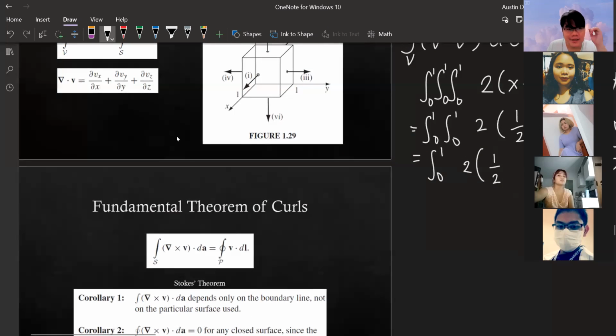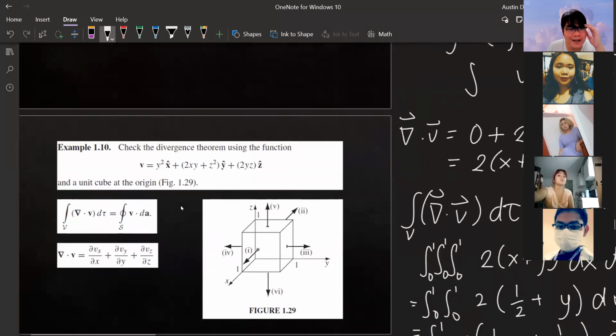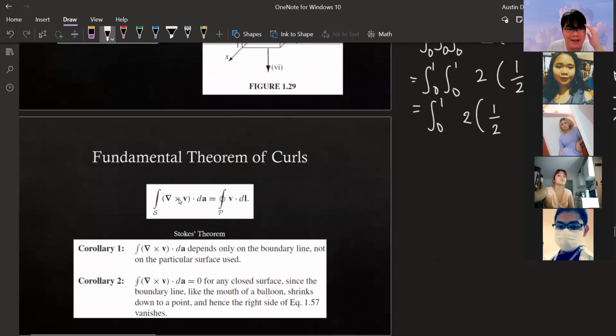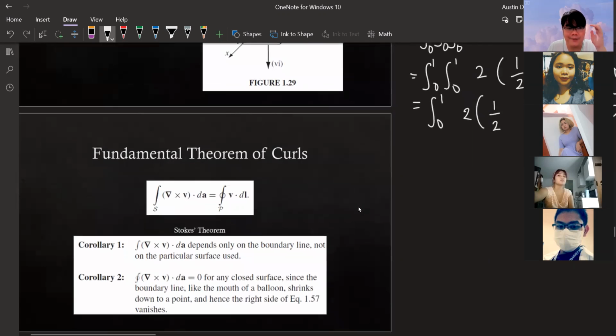Okay, let's continue. So, ganun ulit. Gagawa ulit tayo ng panibago pang thing. So, pangilan na to? Ang apat na fundamental theorem natin will be fundamental theorem of curls. Okay, so kapag daw kinuha natin yung curl ng V, which is this, na mararamdaman mo over some area, dA, okay, so yung integral mo over that area lang, hindi closed yung area mo.